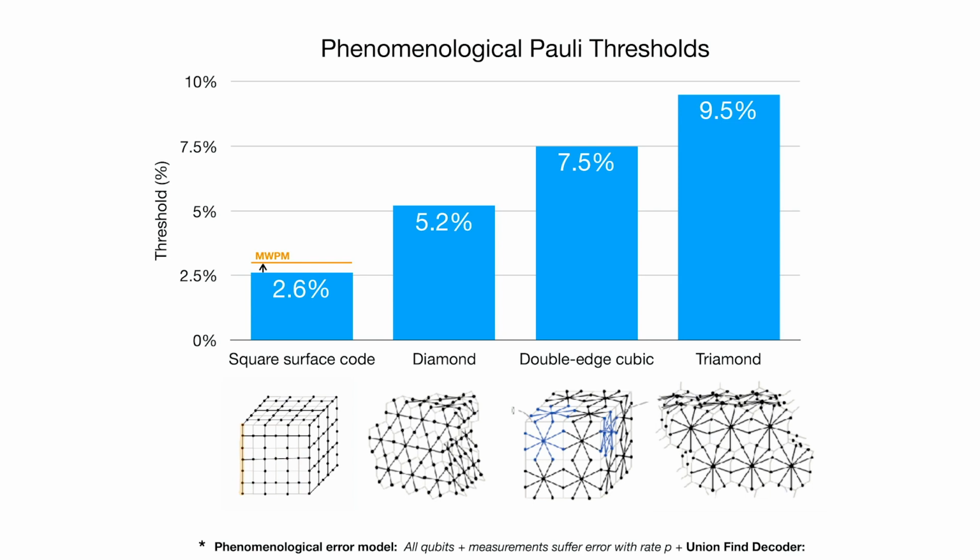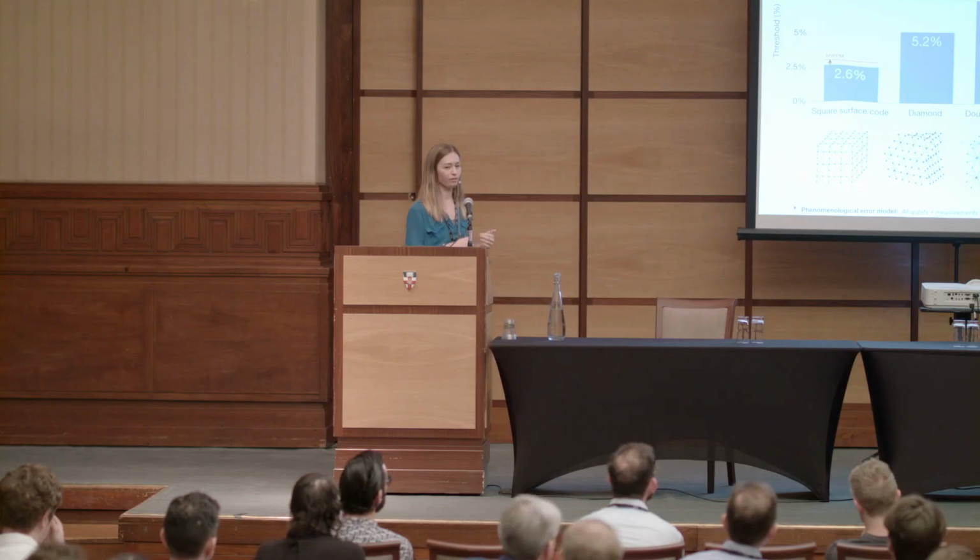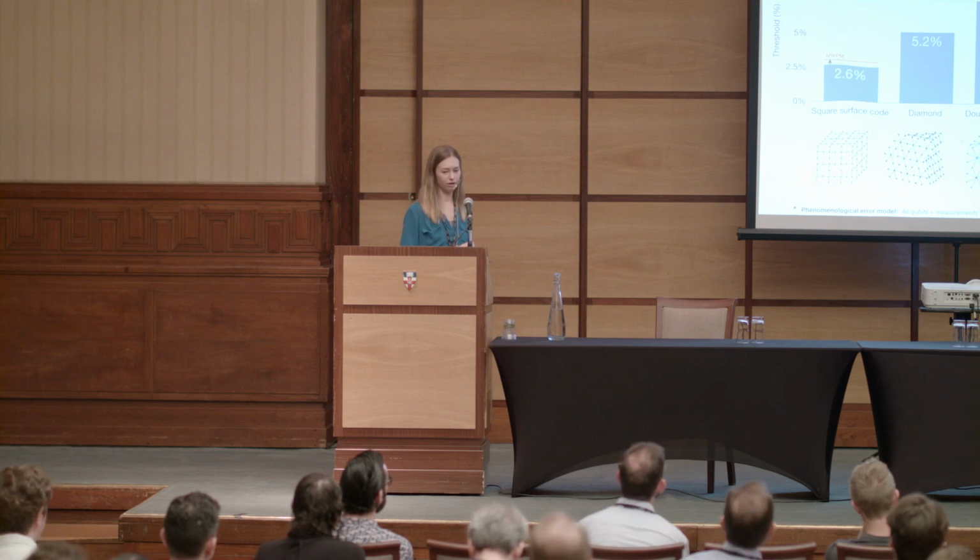Okay. So the first thing is just the phenomenological Pauli threshold. So I said erasure is a very good proxy for Pauli without much justification, but these are the results, and it does indeed suggest that it's a good proxy. So what you see is that as you go down this progression, the things which have a higher erasure threshold also have a higher threshold against Pauli error.